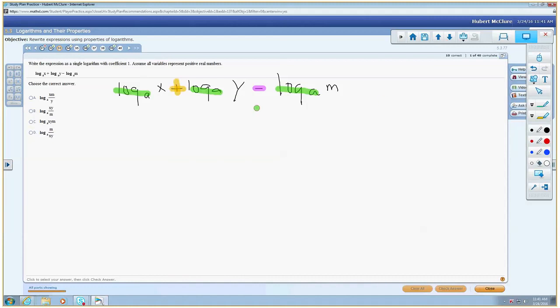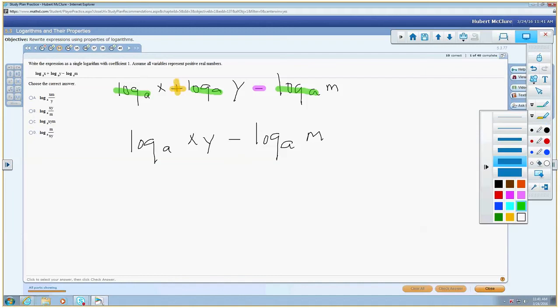So, what can you do with these two with the plus? Put them together by what? Okay, so that would be log base A of xy minus log base A of m. Now, what we just did is we took the addition and made it into what?